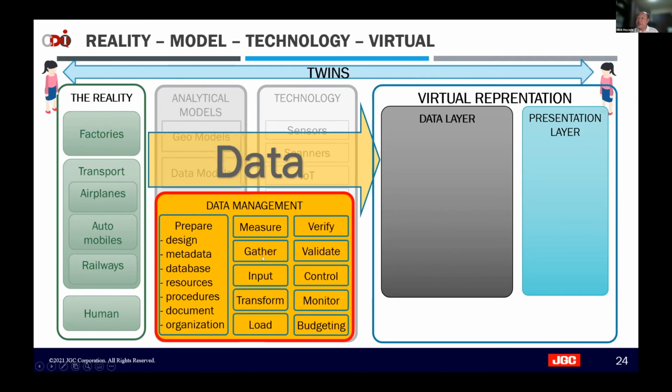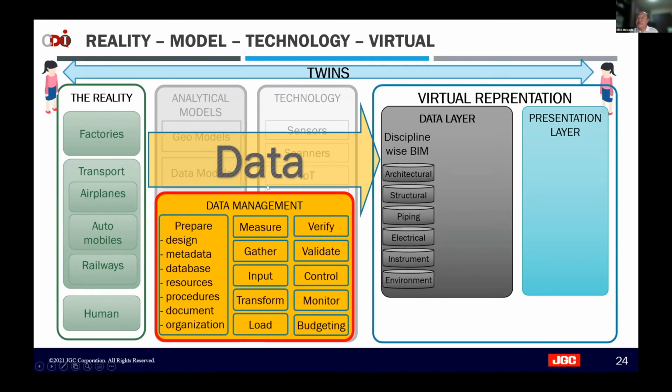We measure, gather, input, transform, and load data. We have to verify data, validate data, control and monitor the process, and of course, we have to have a budget.